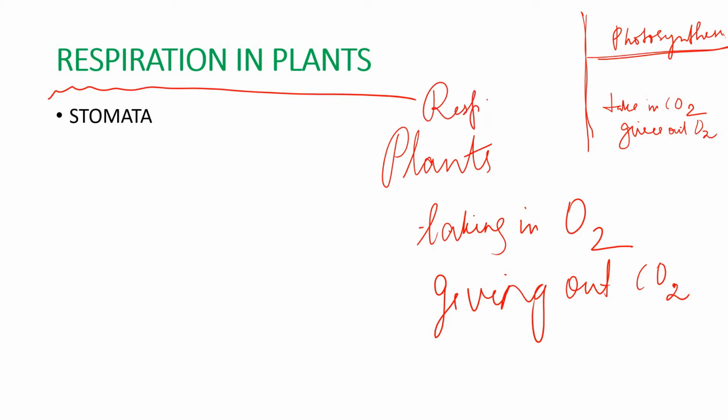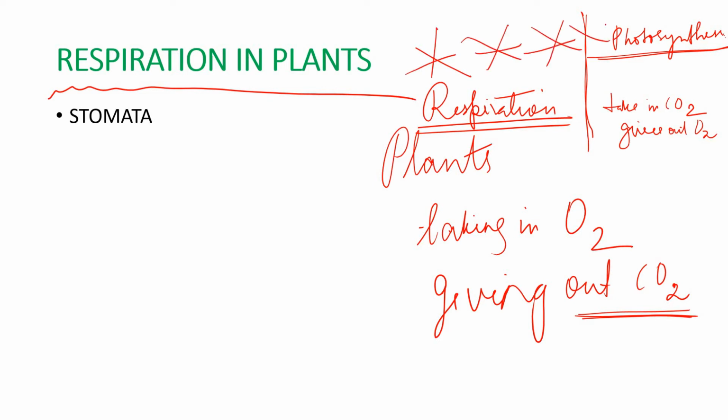But respiration in plants is the opposite, right? So plants take in oxygen and give out carbon dioxide. This difference is very important to remember for all of you. Don't forget it, okay?